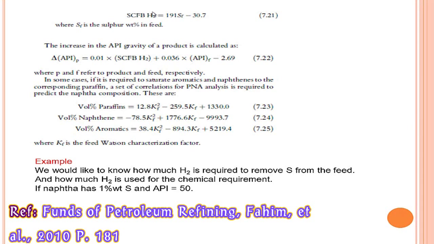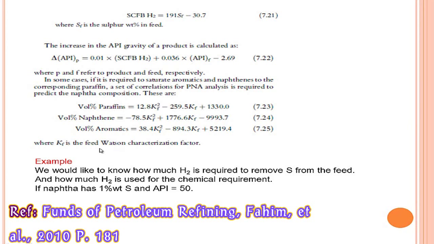Then we can tell how much the oil or the product will change in terms of API degree. And we know that the API can be calculated from the K value.